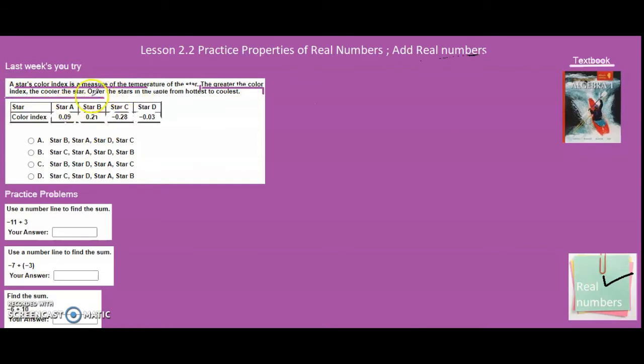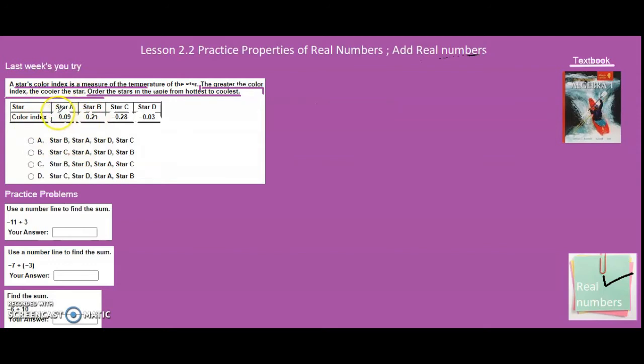The question says, order the stars in the table from hottest to coldest. The key hint says, the greater the color index, the cooler the star. Before we start, let's circle the numbers here for the color index.